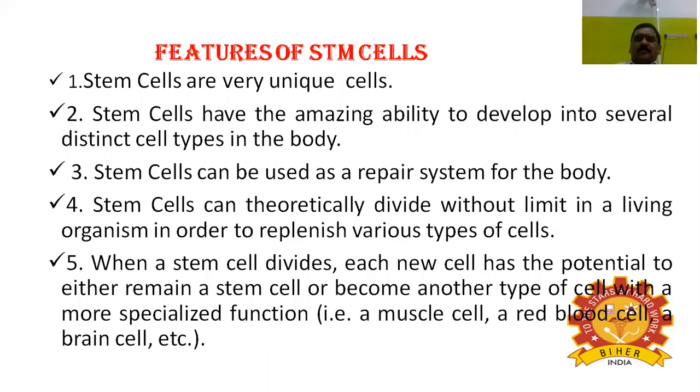Right. Stem cells have different types of features. What are the essential features of stem cells? First, stem cells are very unique cells. Second, stem cells have the amazing ability to develop into distinct cell types in the human body. Third, stem cells can be used as a repair system for the human body.